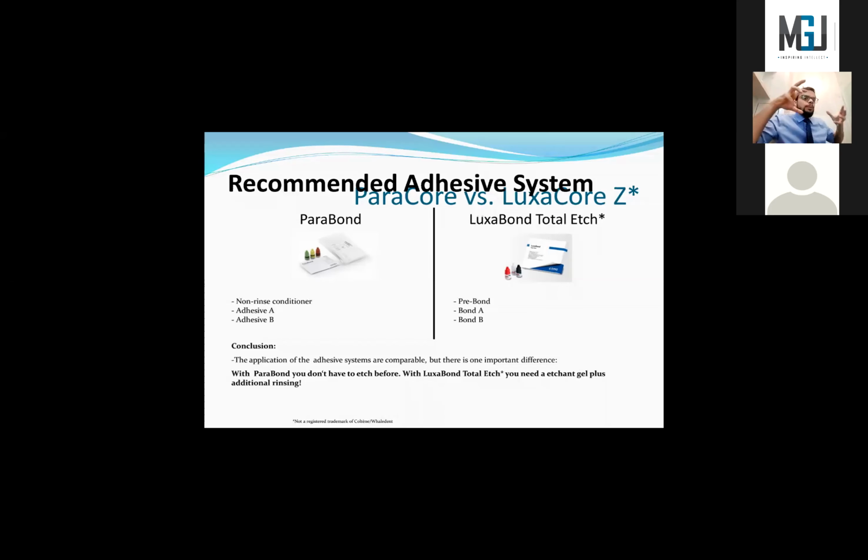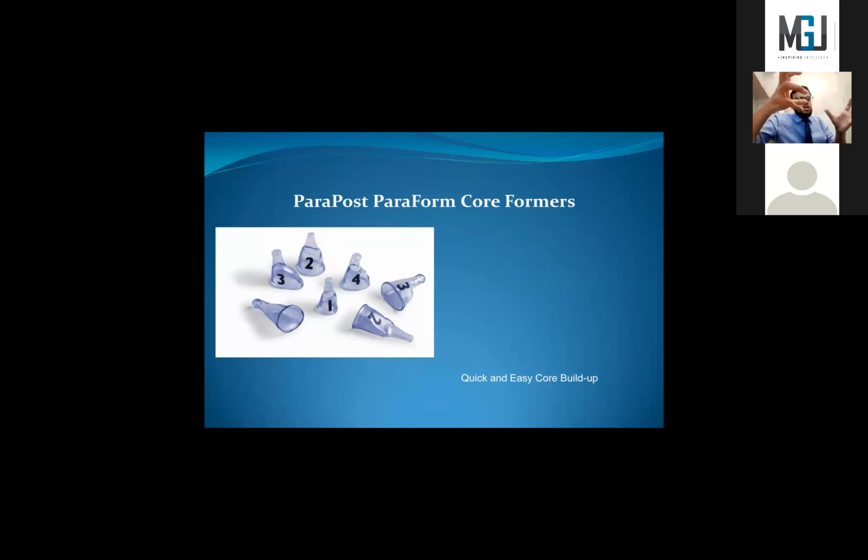You've got Parapost formers which are present. So instead of arbitrarily building up the tooth, you can just flow the material in the core formers, place it on the post and cure it. So it actually forms your core directly. If you see, these are in numbers. Each number comes in specific sizes for specific teeth.